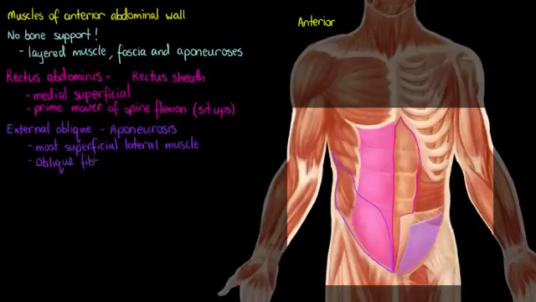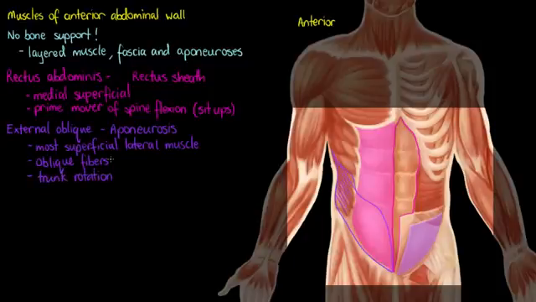And the muscle fibers, the individual fibers of our external oblique, are going to run obliquely. So they're not running horizontally or vertically, they're running on a diagonal, and we call that oblique. Now thinking again about what type of movement this muscle will help us achieve, we have to remember that we have the external obliques on both sides, as opposed to our rectus abdominis, which we have in the middle.